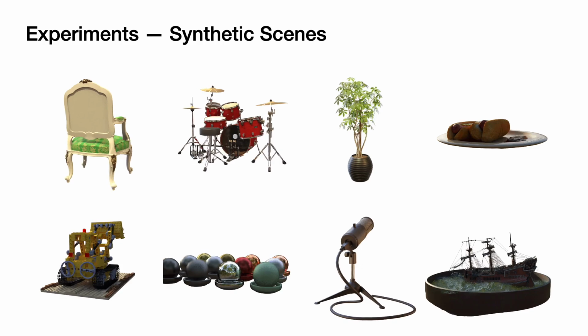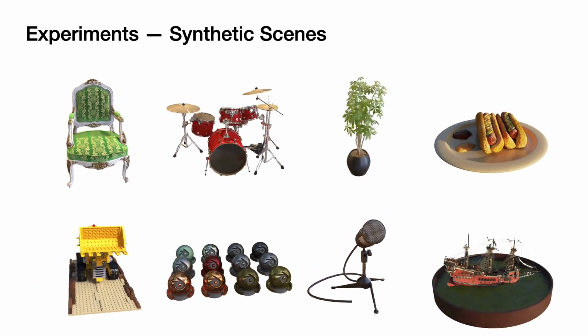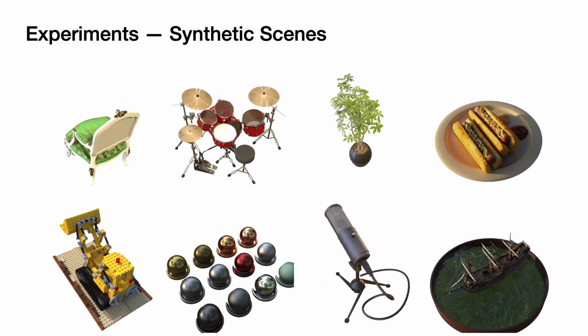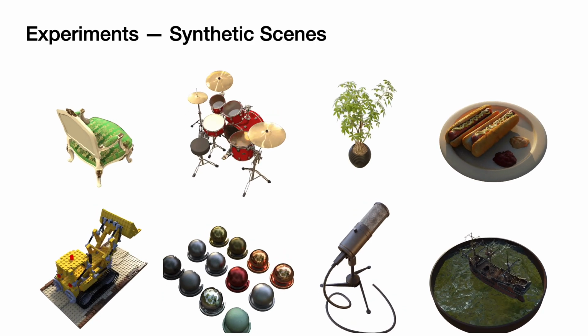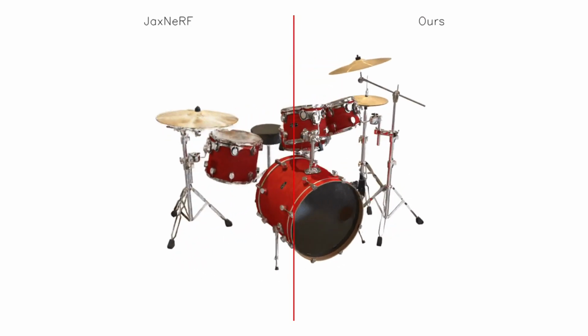In terms of novel view synthesis, we observe improved representation of fine geometric detail as well as reflective surfaces compared to current state-of-the-art approaches. See, for example, the more convincing quality of these drumheads.